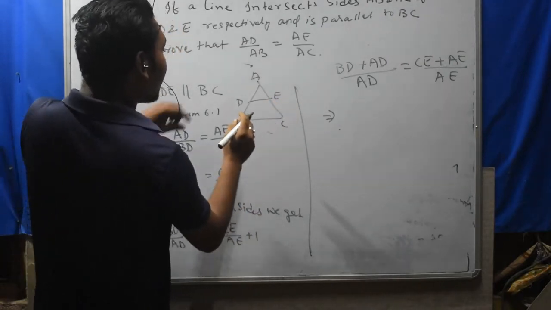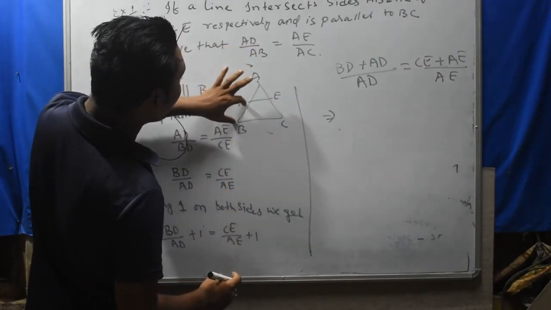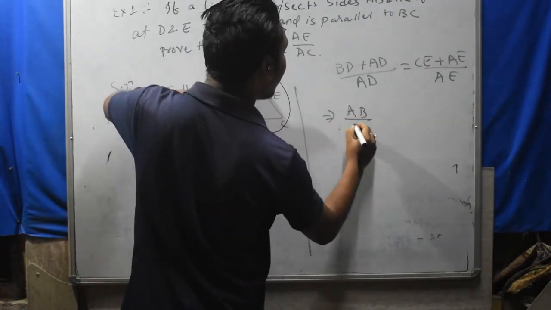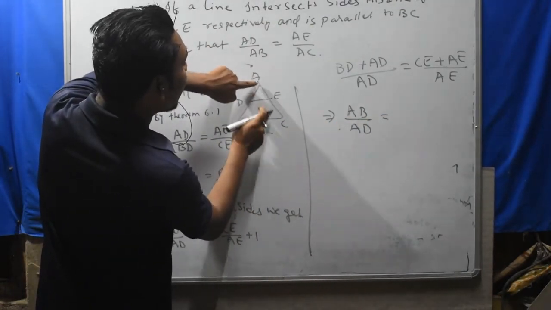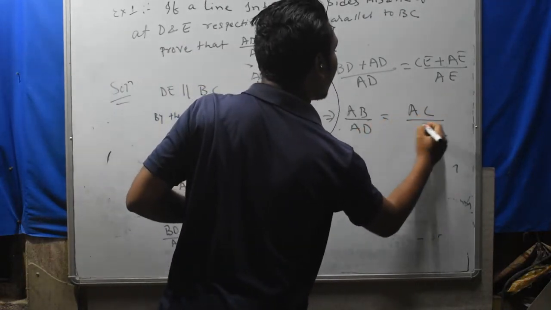So AD plus BD will give you AB by AD, and CE plus AE, this will give you AC by AE.